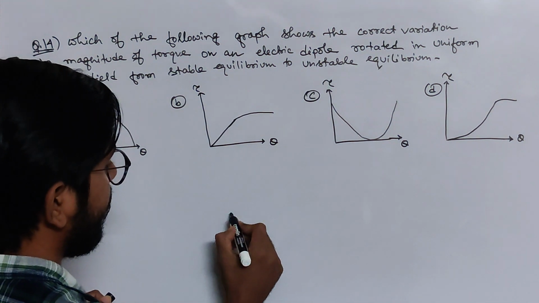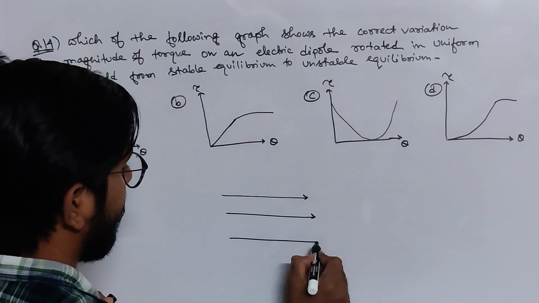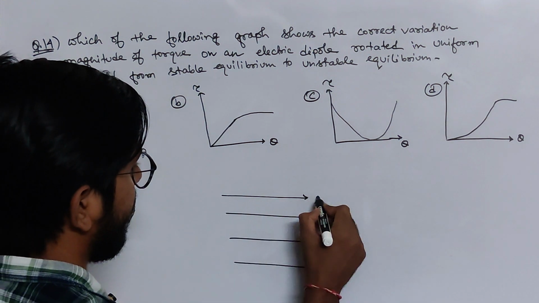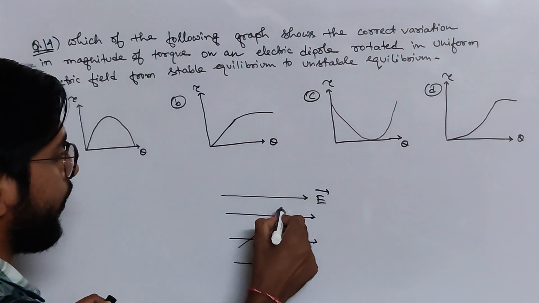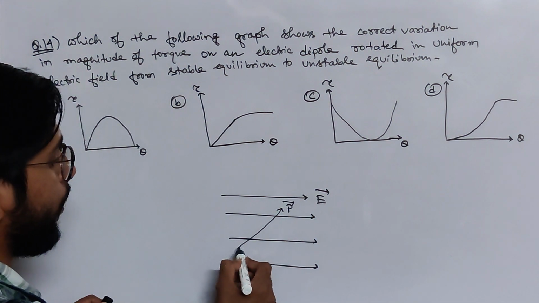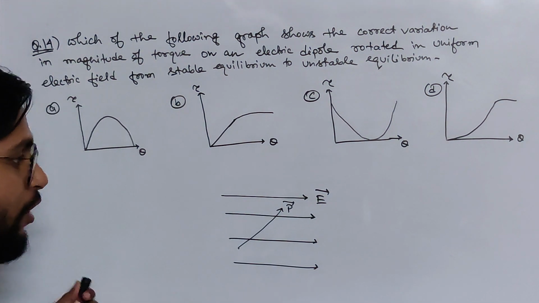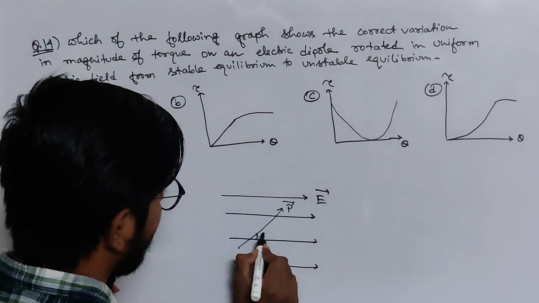Let's say this is the direction of electric field, and you have placed an electric dipole. Let's say this is the electric dipole P, from minus to plus charge, making an angle theta.